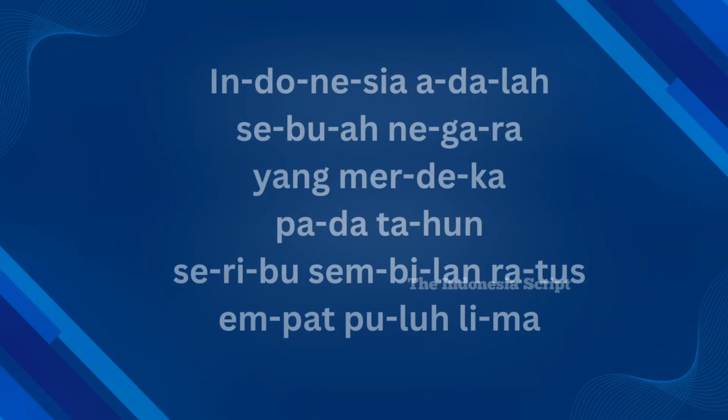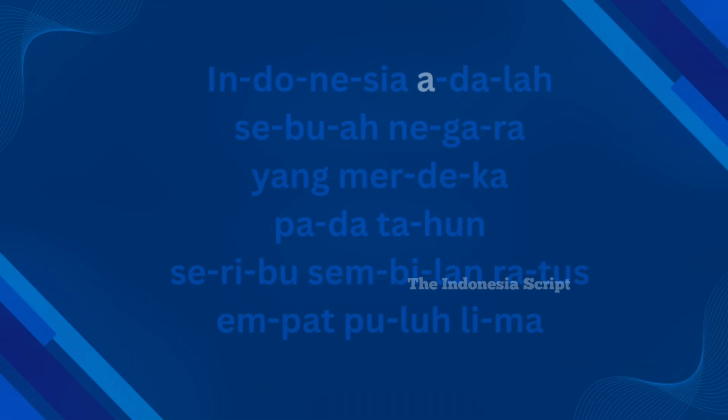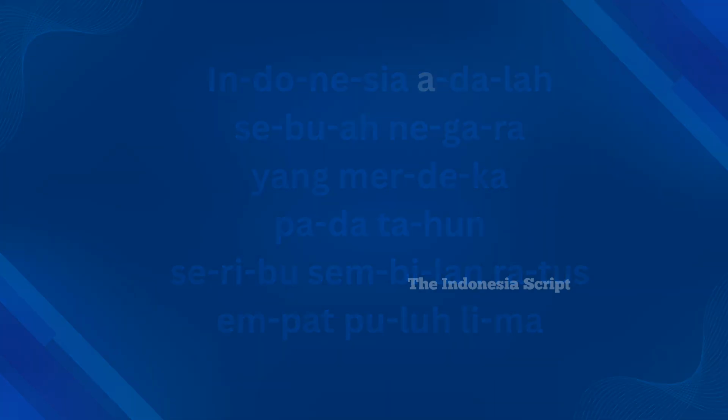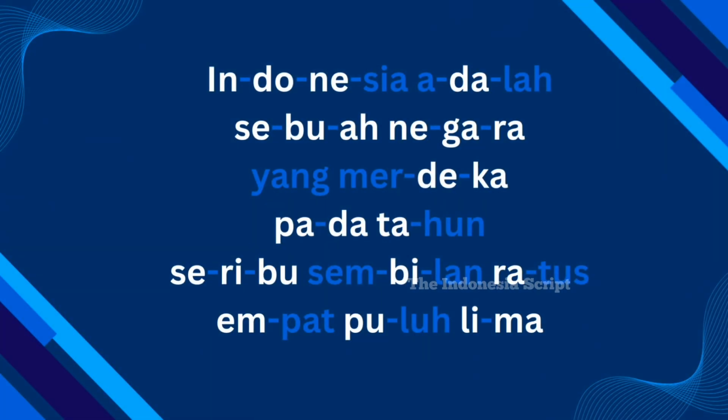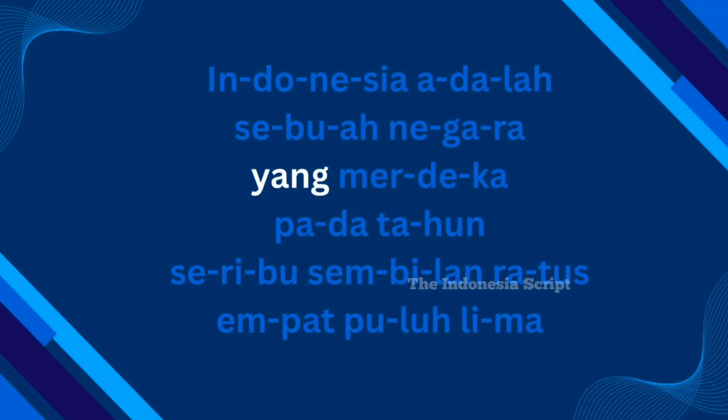In this sentence, there are 4 types of syllables based on the number of letters in each syllable, namely syllables that consist of one letter, syllables that consist of two letters, and syllables that consist of 3 or more letters. We will break them down in the next video.